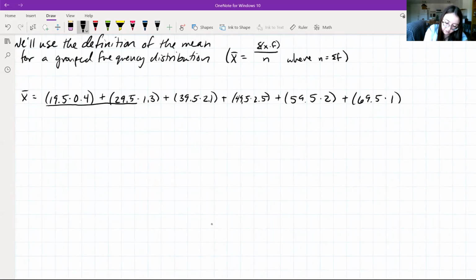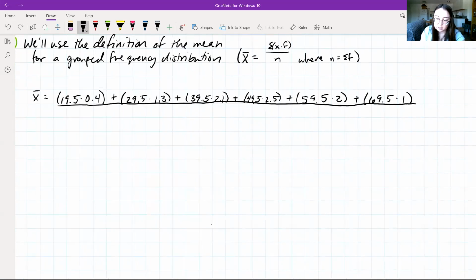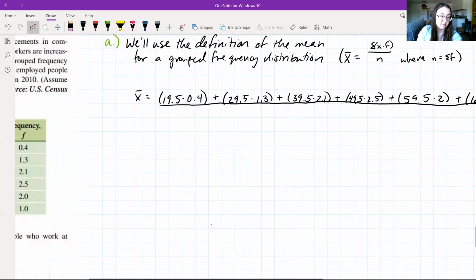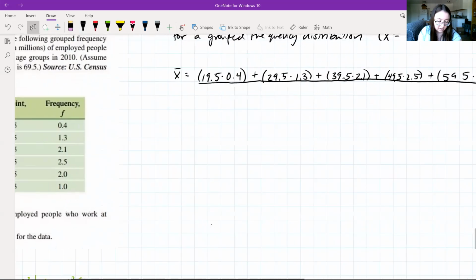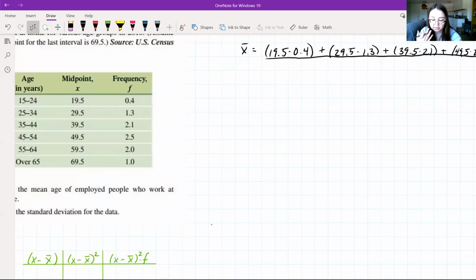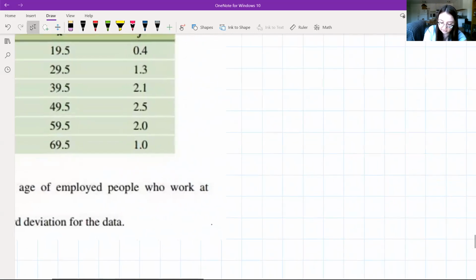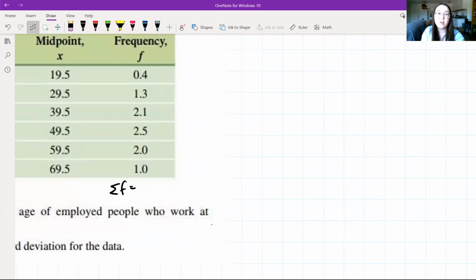All right, and then we want to divide by the sum of our frequencies. So we'll need to add up all of our frequencies. We add all these values up, and we're going to end up getting 9.3.